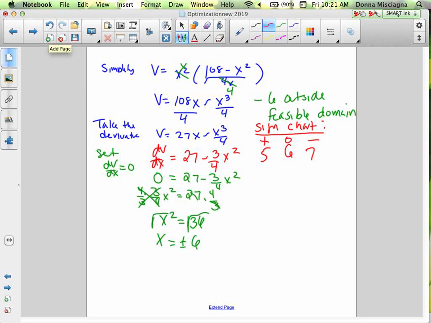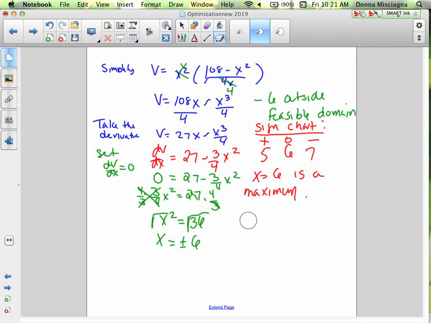All right, so x equals 6 is a maximum, because we're going from increasing to decreasing. We'll do the second derivative real quick to check it's a maximum. If we do d2v dx2 of that, this is going to be a 0, and this would be a negative 6/8 x.